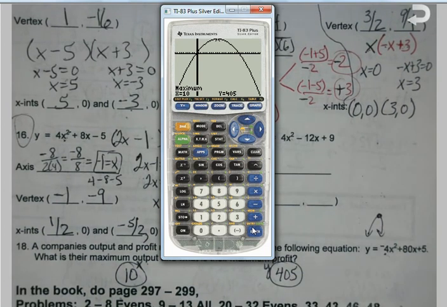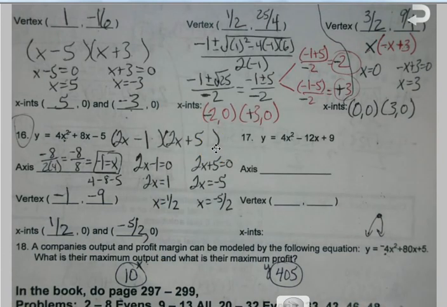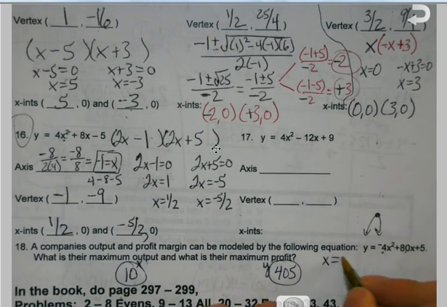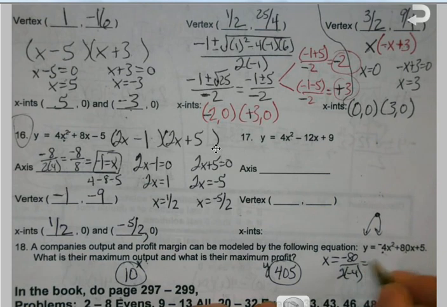And again, I could do that just like we did back in 13 through 16 by finding the axis of symmetry, my X value of my vertex, and then plugging it in. I get the exact same thing. So either way, if I were here, I'd just have X equals negative B over 2A, negative 80 divided by negative 8.